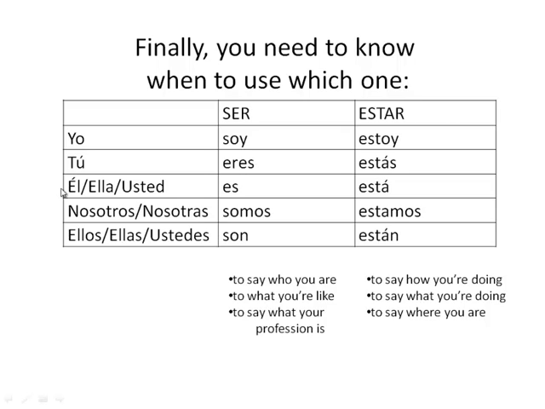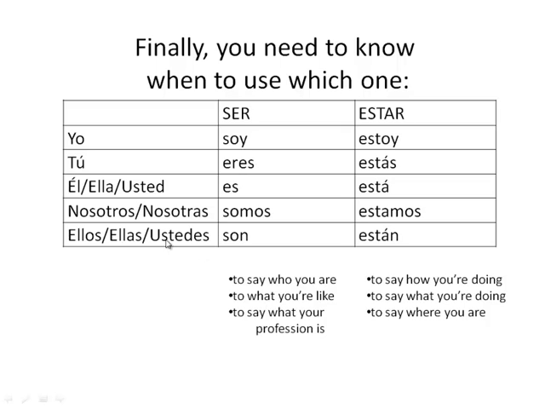Oh, one more thing I want to mention actually. Sometimes when we're writing a sentence, it doesn't conveniently have nosotros or ella or ustedes. We need to know how to substitute names using these. So for example, if I wanted to say that Maria is a teacher, what's the subject pronoun that could take the place of Maria? Well, it would be she, right? Which in Spanish is ella.